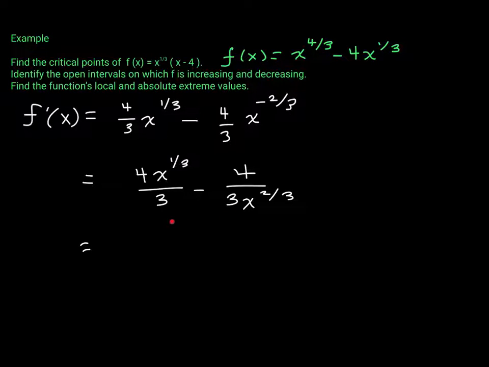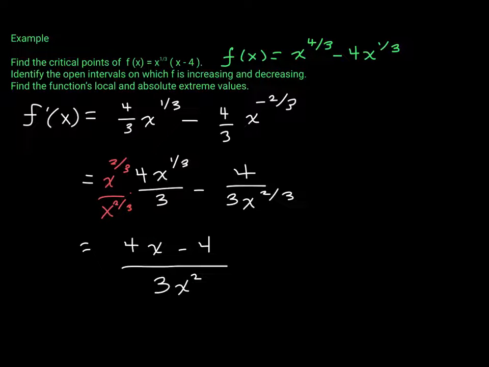The LCD is 3 x to the 2/3, so I need to multiply this first term by 1 in the form of x to the 2/3 over x to the 2/3. I'm doing this so I can actually perform this operation of subtraction. So this turns out to be 4x minus 4 over everything over 3x to the power of 2/3.